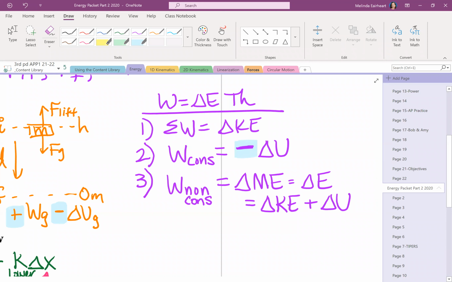The only one on the formula chart is the regular W equals change in energy. It's generic on the AP formula chart. I would say the two most common ones would be the first and third. Those are the ones you're going to see us use the most often. But the second one there, I'll show you why we need it.